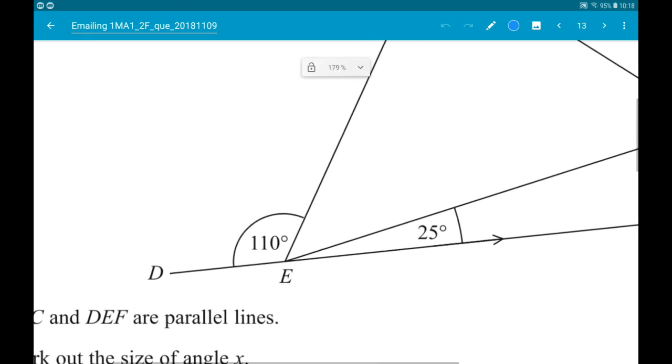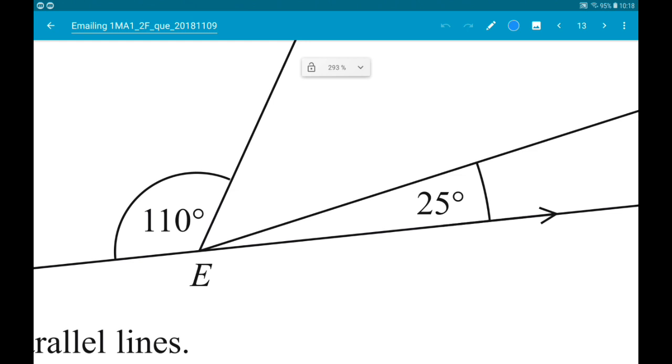So first of all, down here, we have this angle of 110, a blue angle, and an angle of 25. Now, because they lie on a straight line, they have to add up to 180. So that would be your reason for this step.